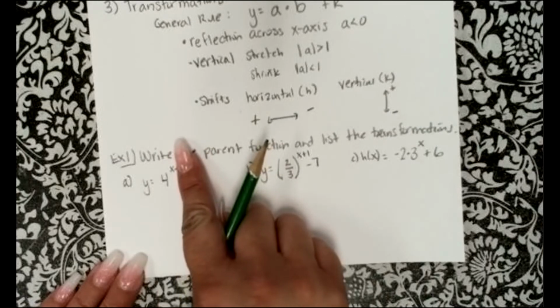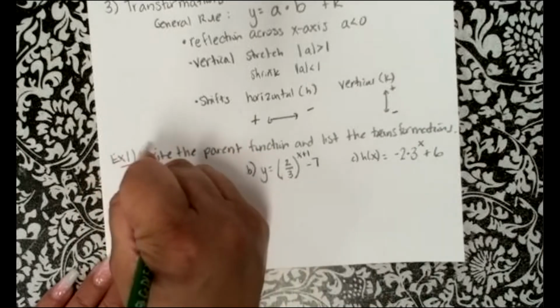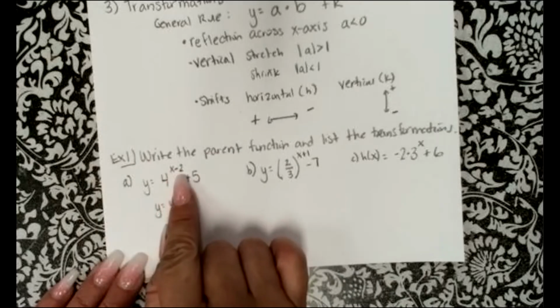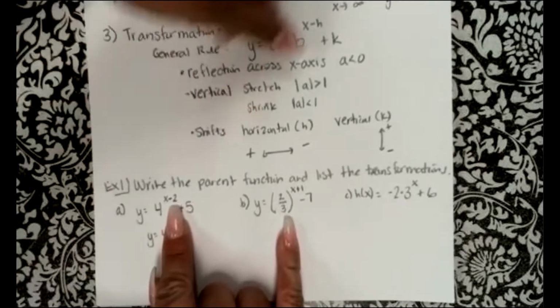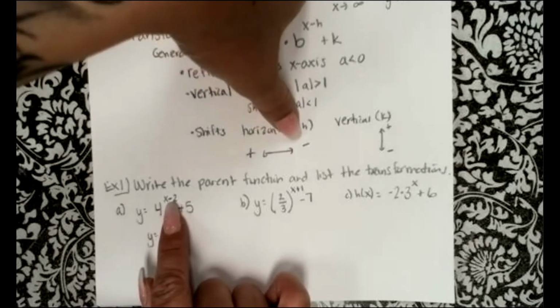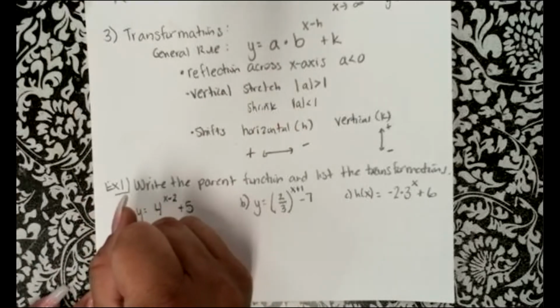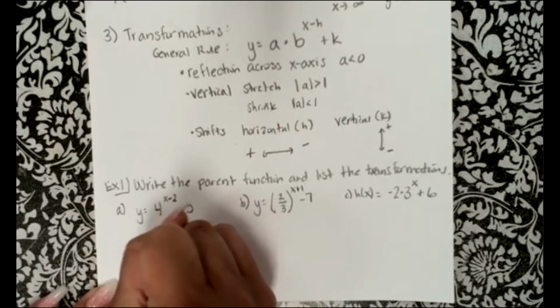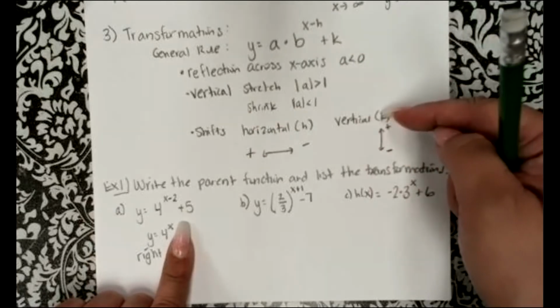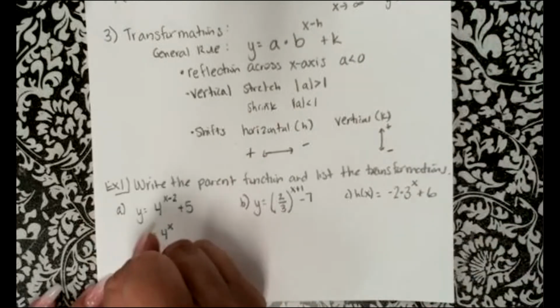So the parent here is just going to be a 4 to the x. Now starts the transformations. The 2 is right here. That's the h value. And it's grouped with the x, so that's going to be the left and the right. So negative 2 is going to mean right 2. And then the number on the side, the 5, that's the k value, that's up and the down. So positive 5 means up 5.